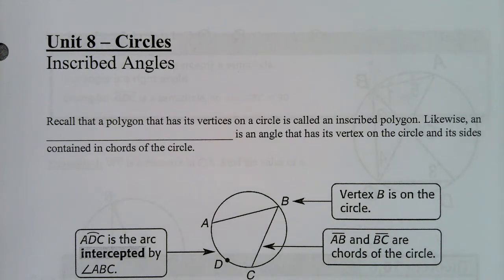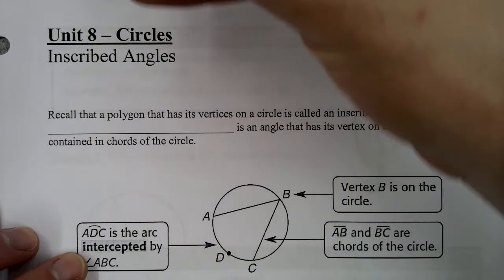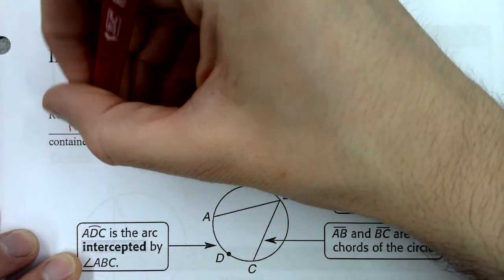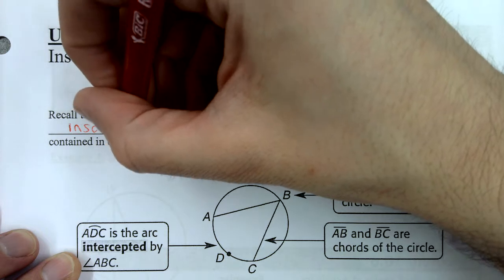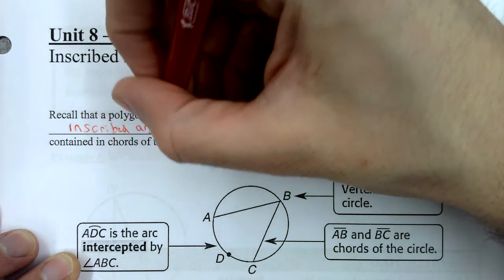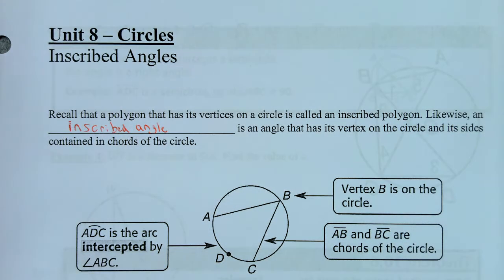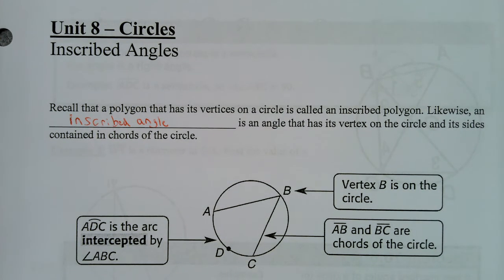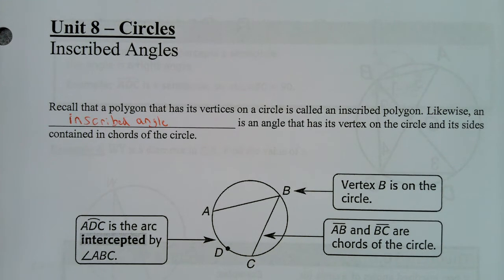Likewise, an inscribed angle is an angle that has its vertex on the circle and its sides contained in chords of the circle.